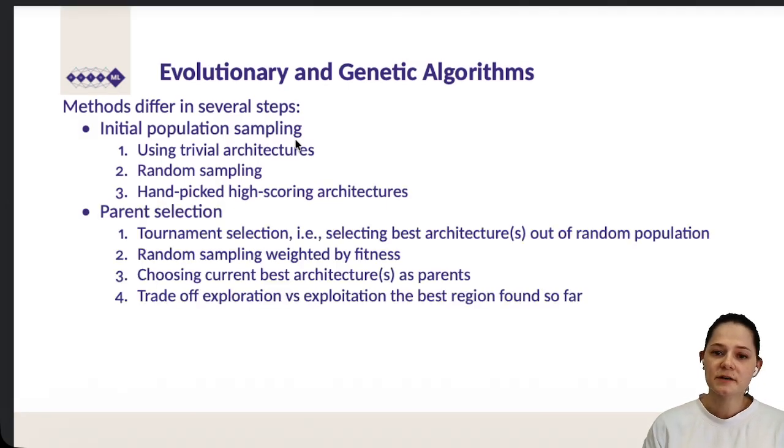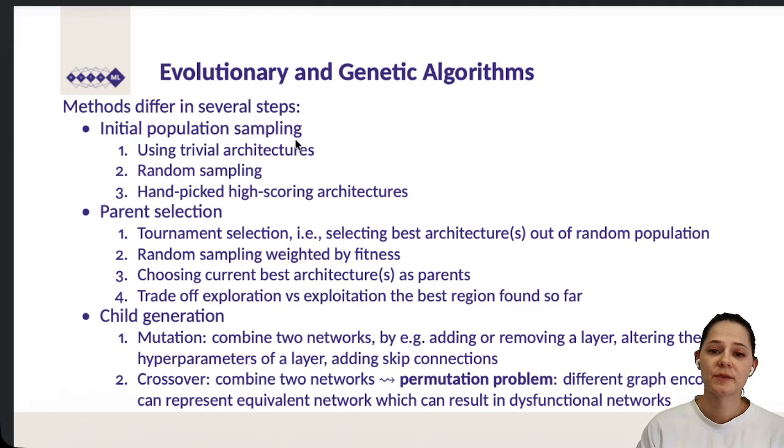The second part where methods can differ is the actual parent selection. We could do a tournament selection, selecting the best architectures out of a random population. We can do random sampling weighted by the fitness of the networks. We could choose the currently best architectures as parents. All these choices provide a trade-off between exploration and exploitation of the best regions we have found so far. The third area where methods can differ is the actual children generation.